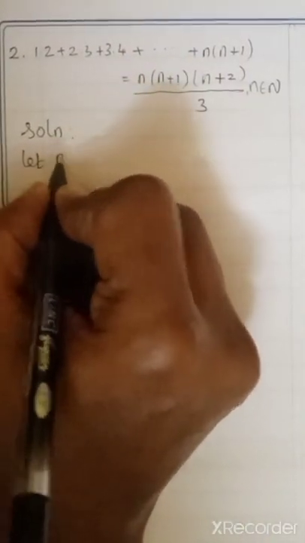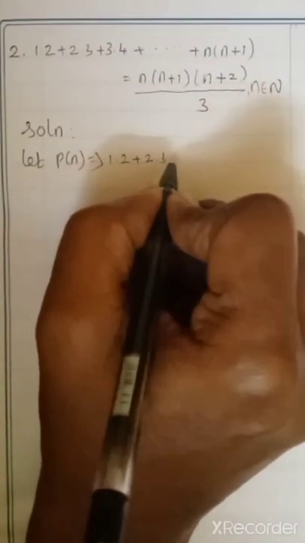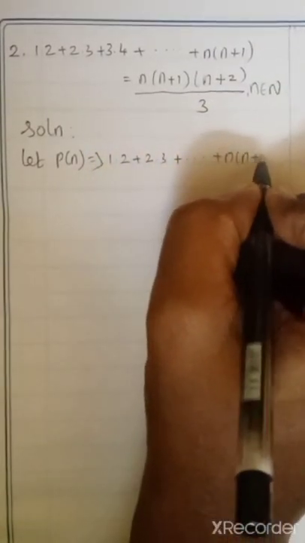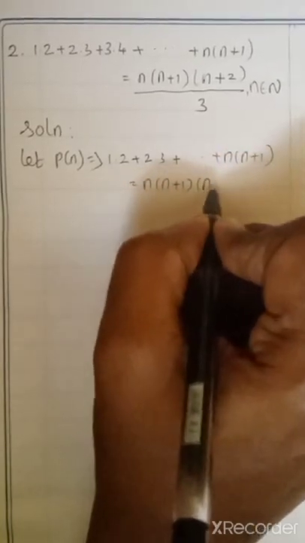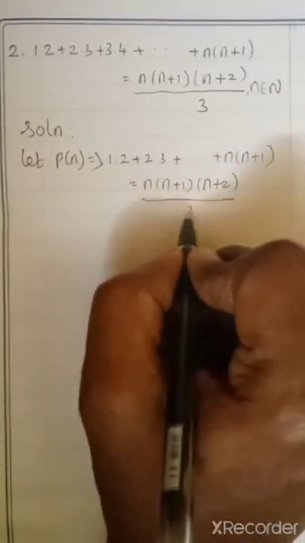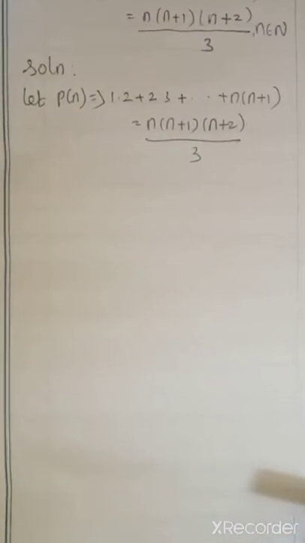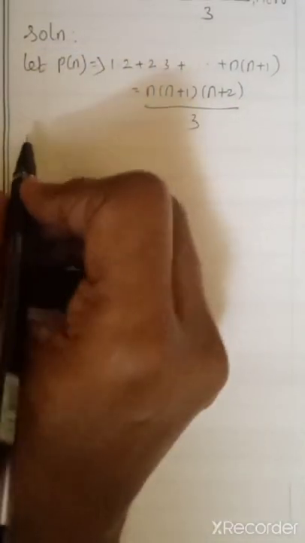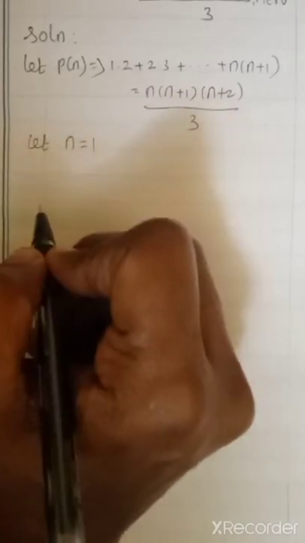So let P of n imply 1.2, 2.3 and so on, up to n into n plus 1, which is equal to n into n plus 1, n plus 2 divided by 3. Very good. Now, what is your next step? We have to put let n equal to 1, correct?